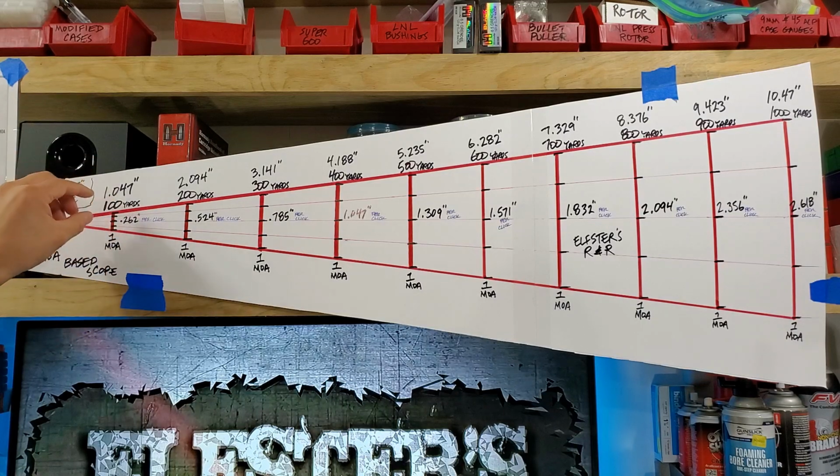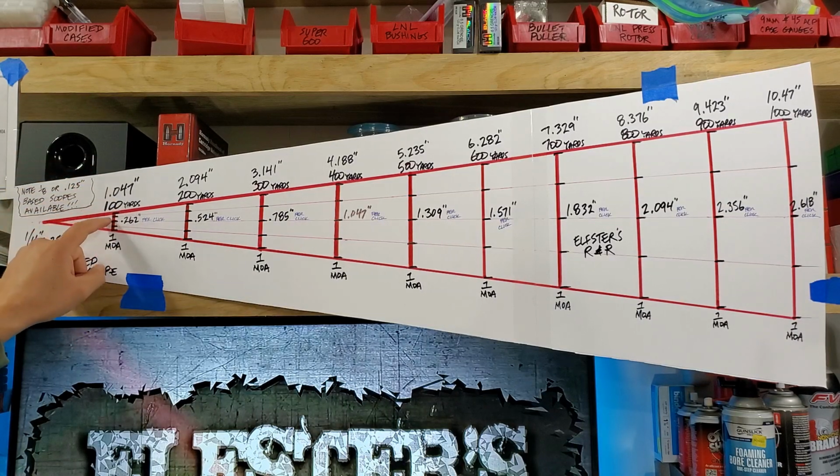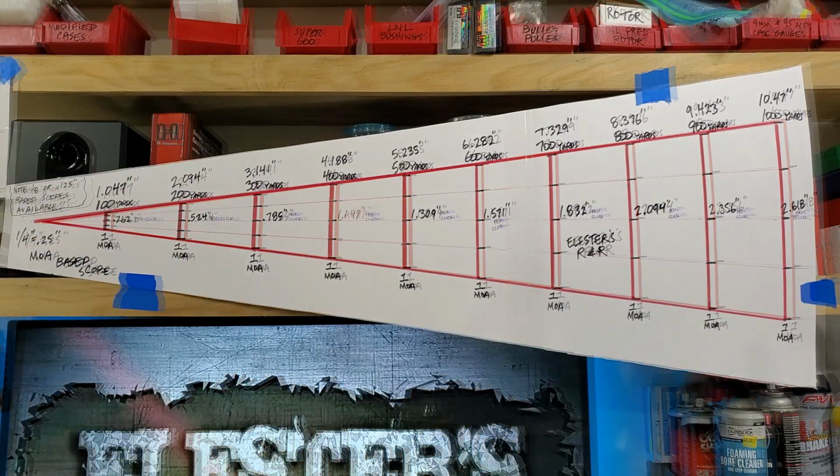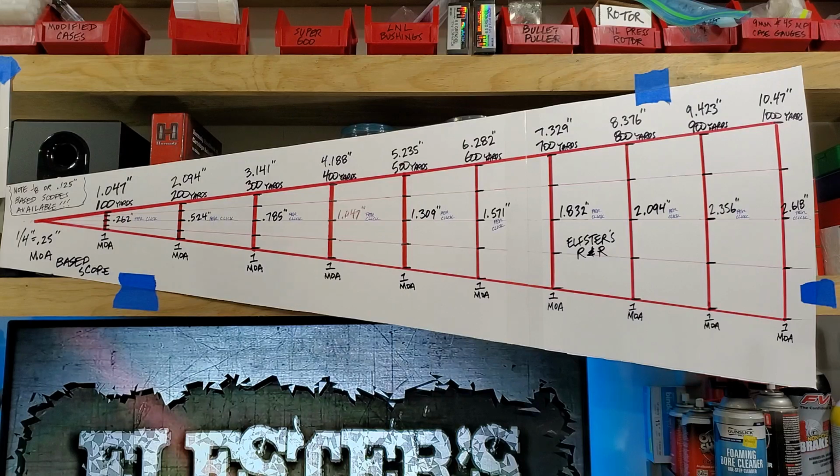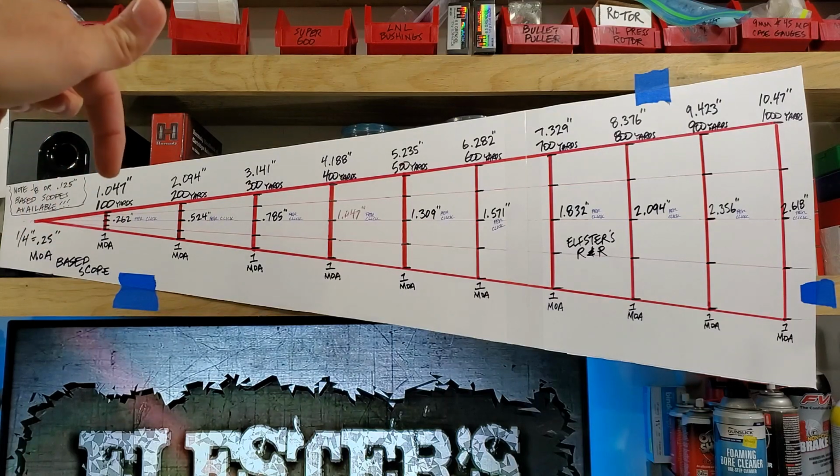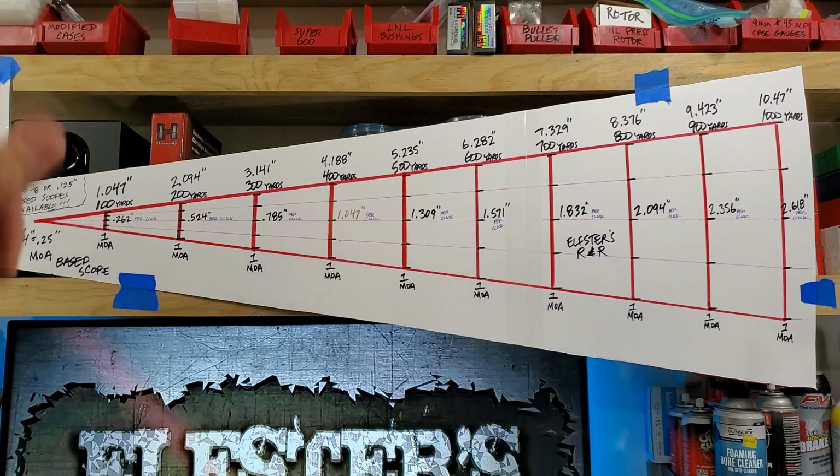Even if that 5-shot group measurement was 1.03, you're still sub-MOA, because 1 true minute of angle at 100 yards is 1.047 inches. So that's really the way you need to look at it. So if you can remember just one number, this is the number I would remember: 1.047 inches at 100 yards.